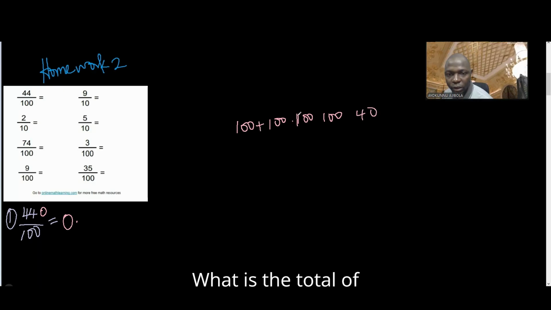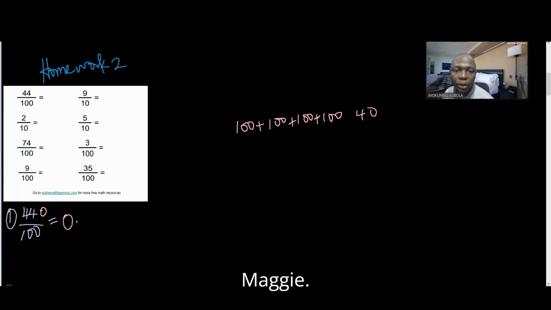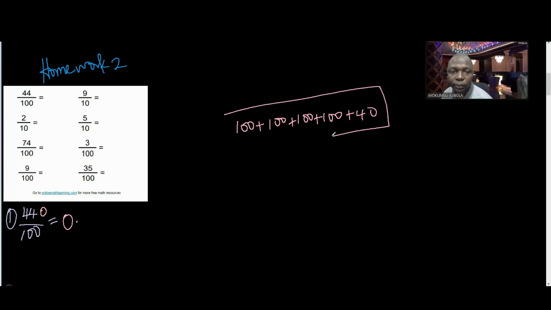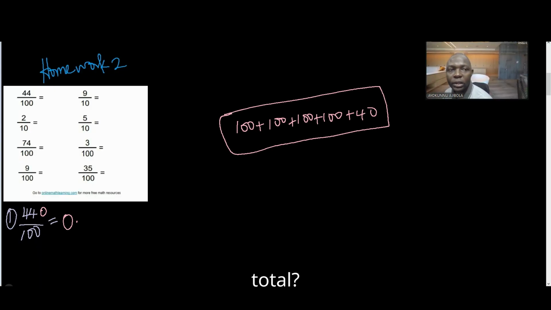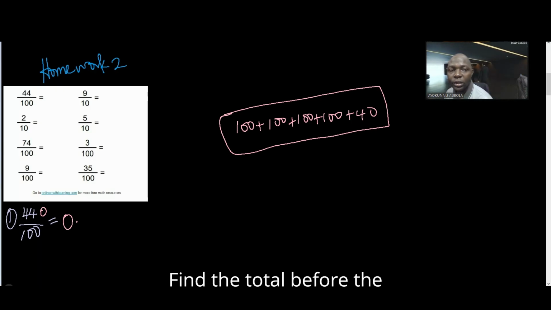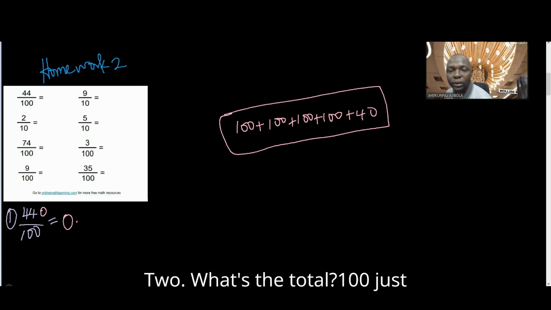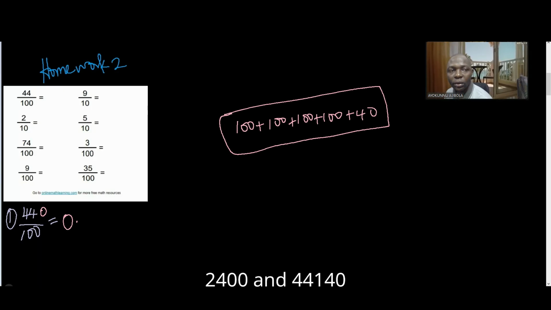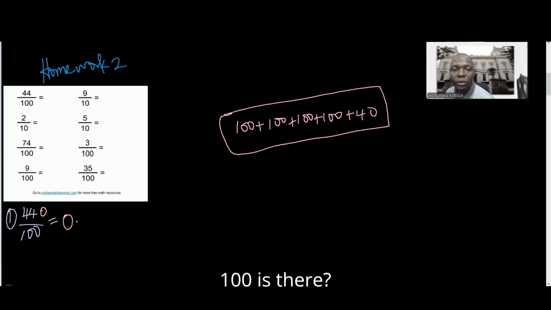What is the total of this number, Miggy? 100 plus 100 plus 100 plus 100 plus 40. What is the total? 440. So how many 100 is there?